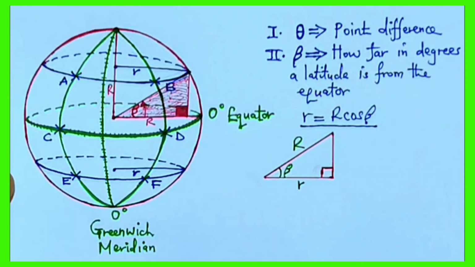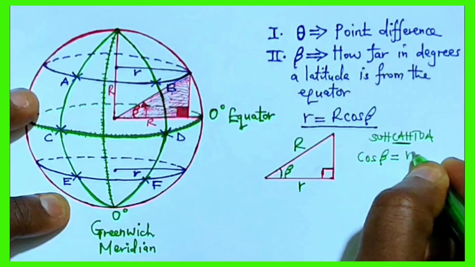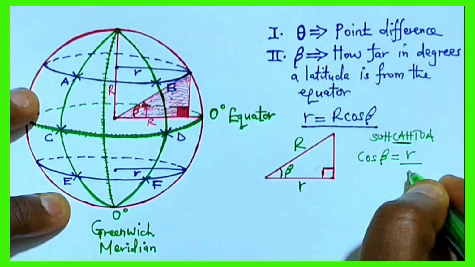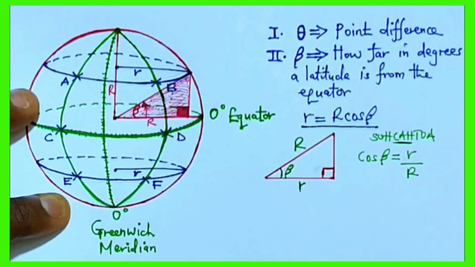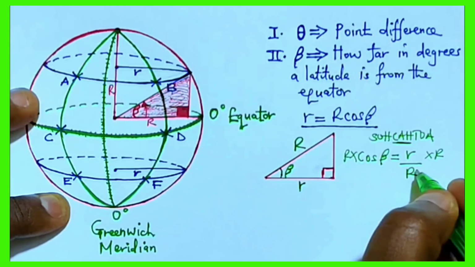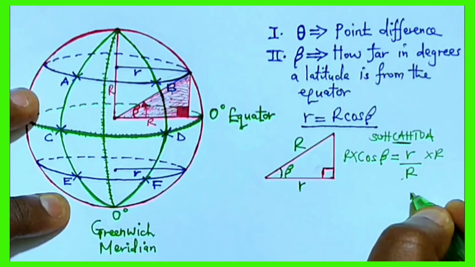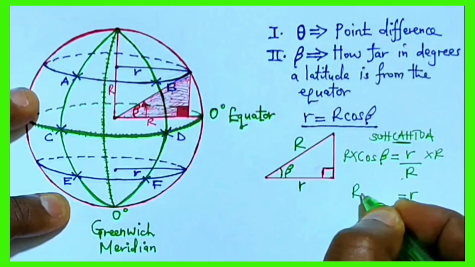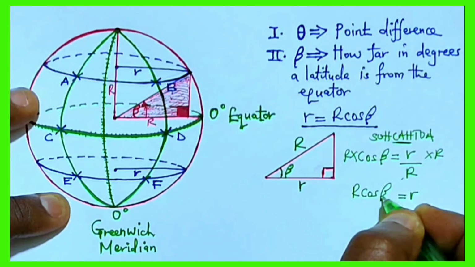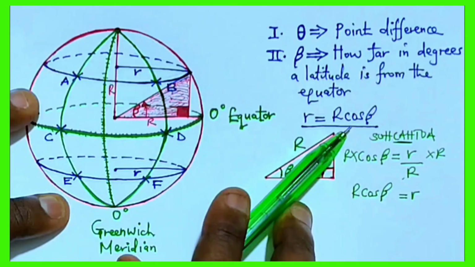So we are going to say here that cos beta, the cos of this angle, will be equal to the adjacent, which is r, divided by the hypotenuse, which is capital R. And therefore, when you multiply by capital R on both sides of the equal sign, the R on the right side of the equal sign will cancel, and you are left with the small r to be equal to R multiplied by cos beta. And that is how we find this formula for finding the radius of a small circle.